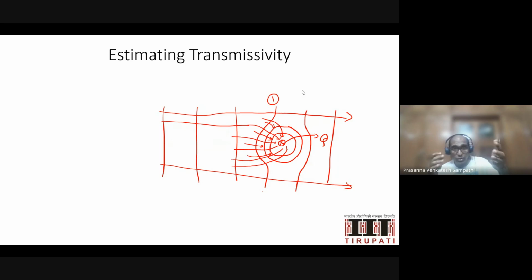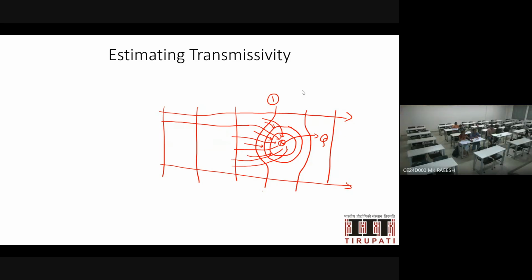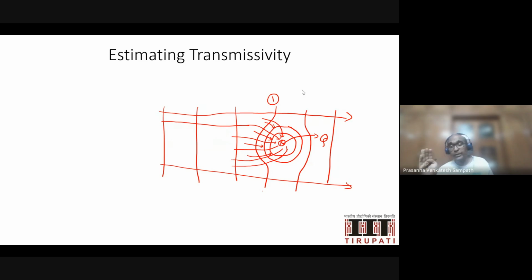I know what the head contours are. Maybe I have a number of observation wells around this particular pumping well, using which I'm able to come up with this flow net. Okay. And by using this flow net along with the pumping rate, I can estimate what the transmissivity of the aquifer is. Okay, so that's a very interesting application of the idea of a flow net. Okay, so let's see how to do that.